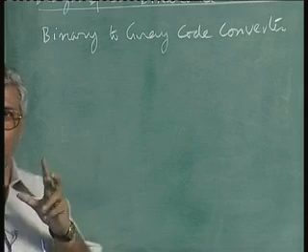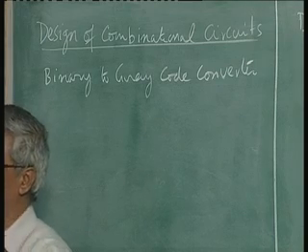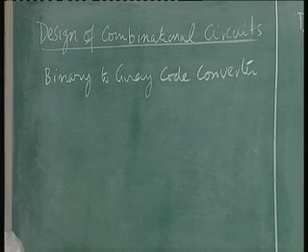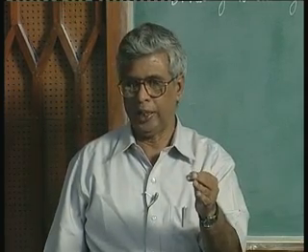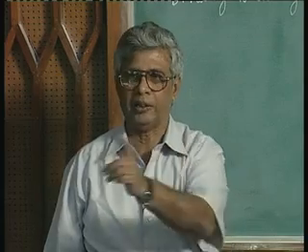As I said, gray code has been designed to reduce the switching activity. That means from one binary value to the next binary value, there should only be one bit change. Given a gray code for a given binary number, for the next binary number, the gray code can only change in one place.